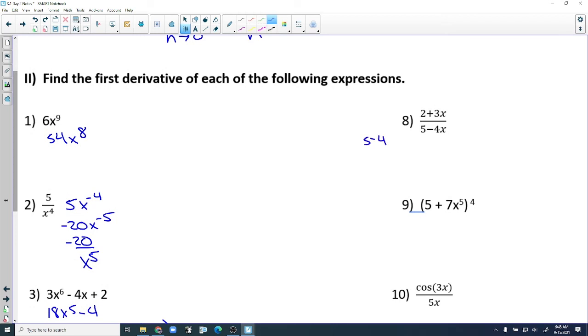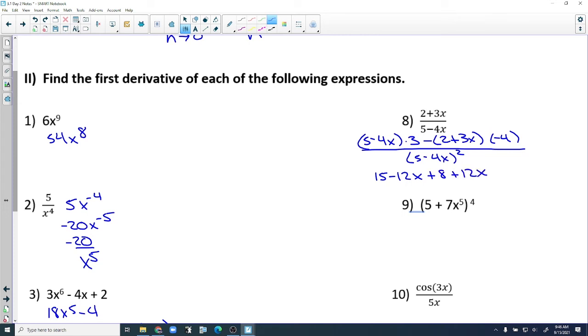So bottom times the derivative of the top minus the top times the derivative of the bottom, over the bottom squared. 15 minus 12x plus 8 plus 12x, that's the top. So that's 23 over 5 minus 4x squared.